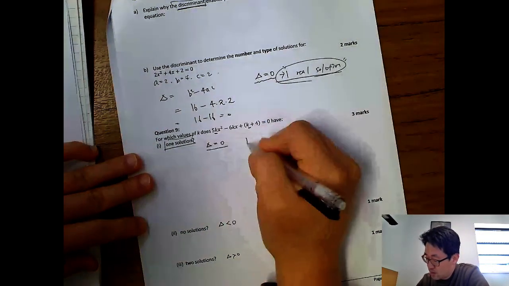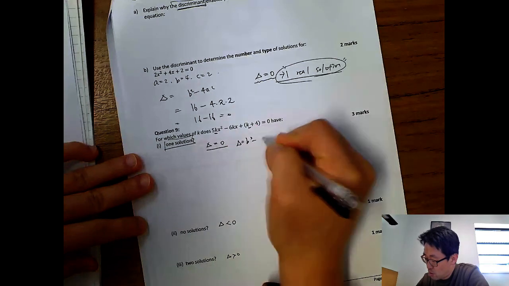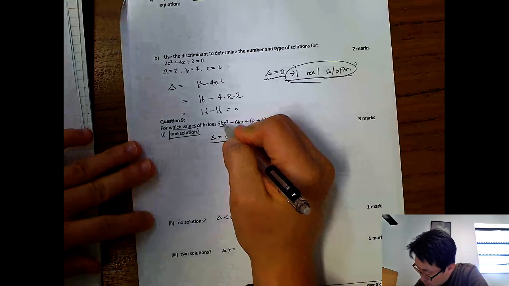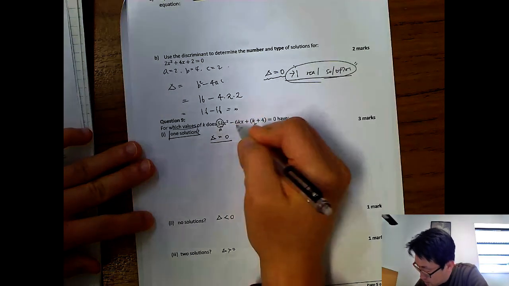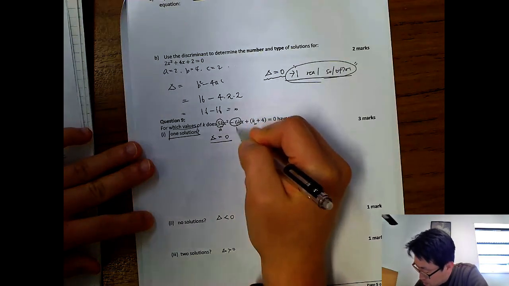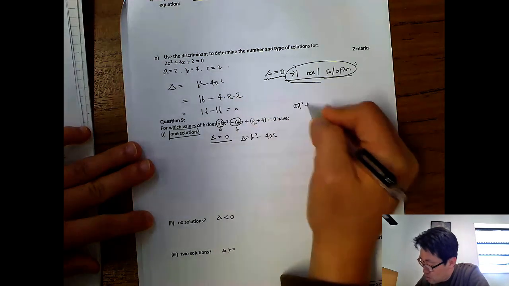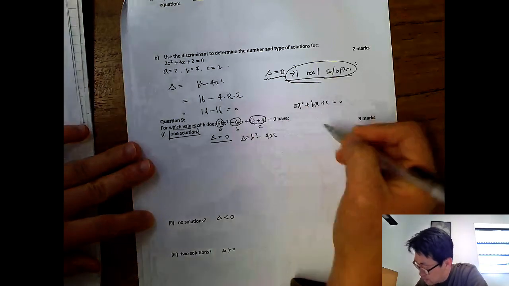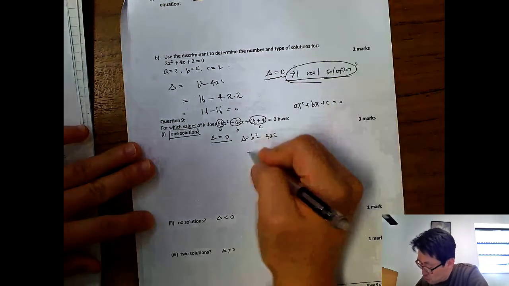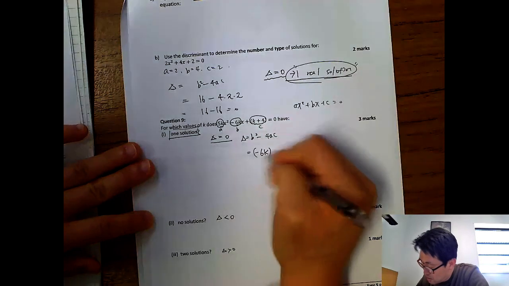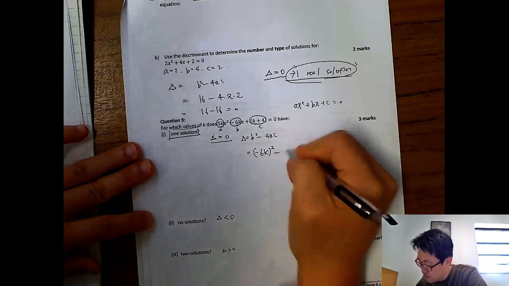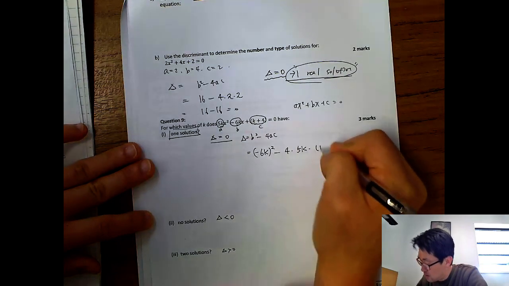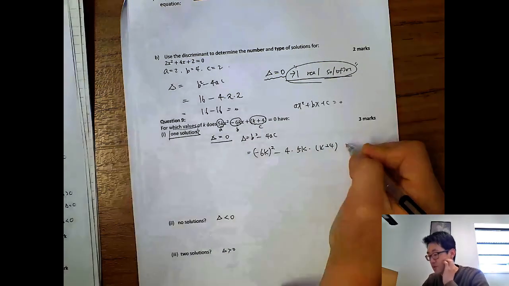One solution, discriminant equals b squared minus 4ac. From the equation, 5k is a, b is 6k, and c is k plus 4, in a x squared plus b x plus c equals 0. So b squared is 6k squared, minus 4 times 5k times k plus 4.